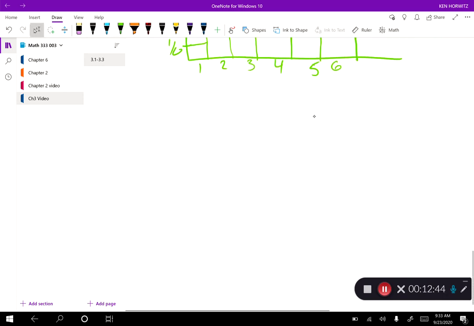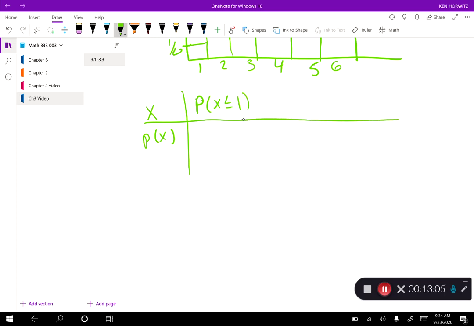So that's the graph, the actual cumulative distribution function for rolling a die would look something like this. So, probability of x being less than or equal to 1. Probability of x less than or equal to 2. Probability of x less than or equal to 3. So it takes into account all the prior probabilities.